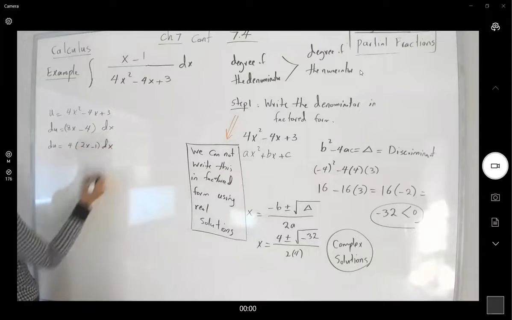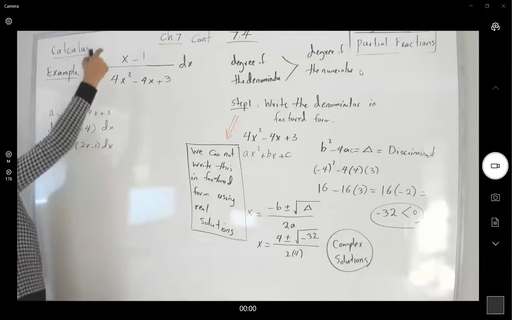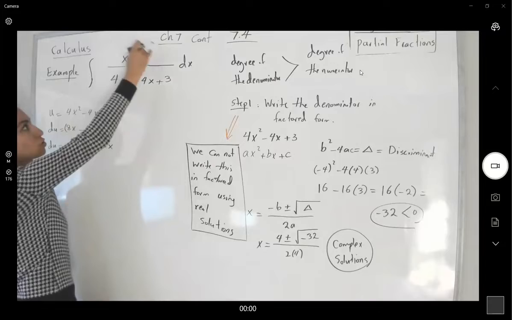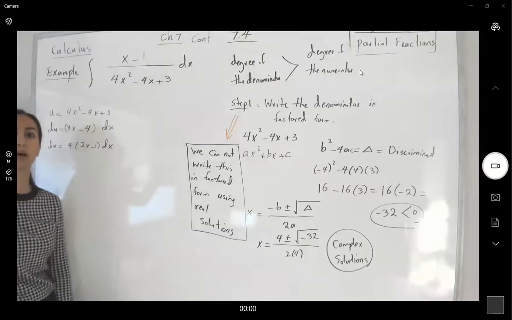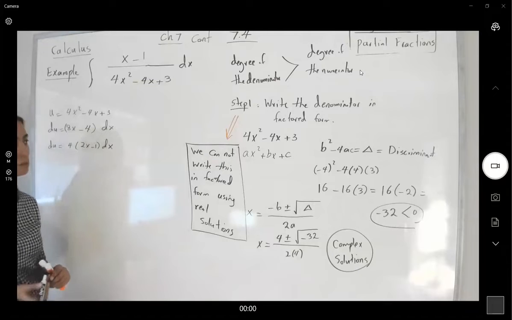It means that I need to have 2x minus 1 times dx, but I don't have 2x minus 1 in the numerator. If I multiply by 2, I have to distribute 2 into the parentheses, 2x minus 2. So it creates a 2, not 1. How do we resolve this issue?